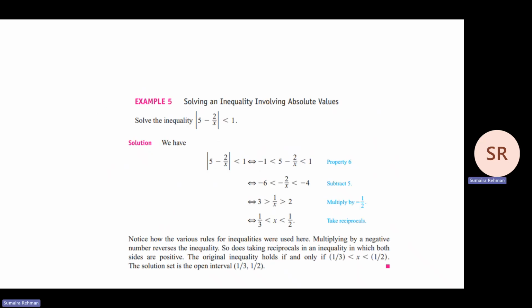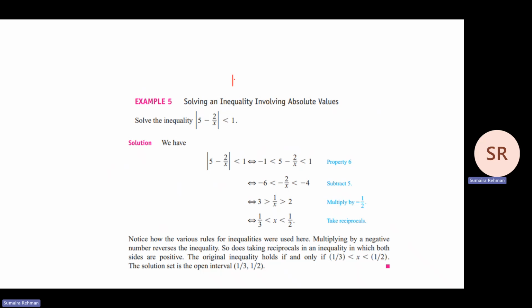Now here again we have another example, and this time you can see that here we have the absolute value of x strictly less than 1. Now in this case, what does it mean? What property will you use here?